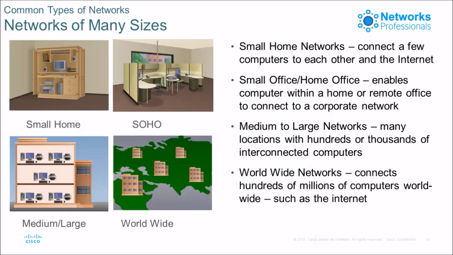Simple home networks let you share resources such as printers, documents, pictures, and music among a few local devices with a single internet connection. Small office and home office networks allow people to work from home or a remote office. Many self-employed workers use these types of networks to advertise and sell products, order supplies, and communicate with customers.